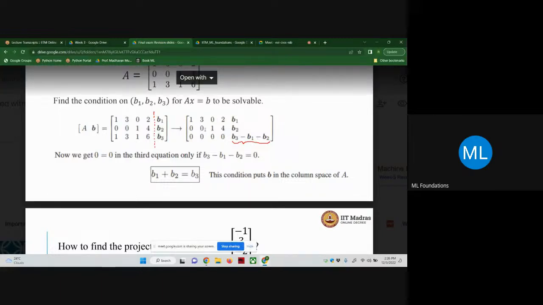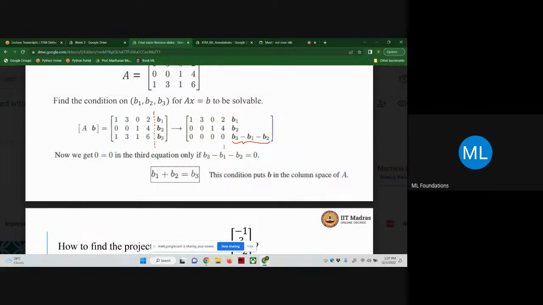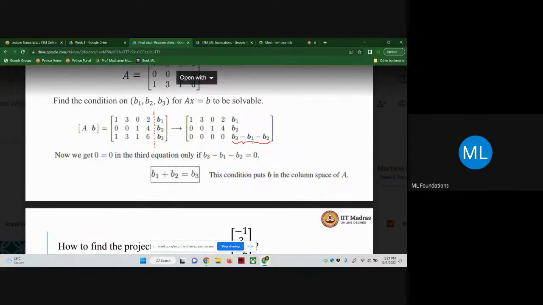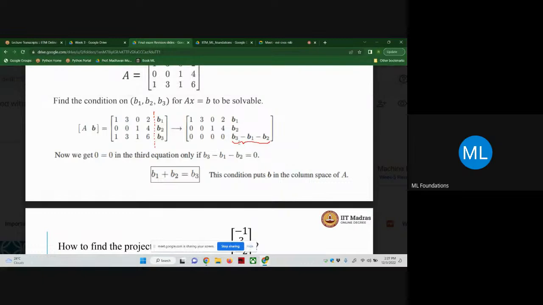Here the equations which we got by doing this Gaussian elimination, by getting it to the upper triangular form, is this: we got 0 0 0 0 in the bottom row. So b3 minus b1 minus b2 should be equal to 0. That's one condition.